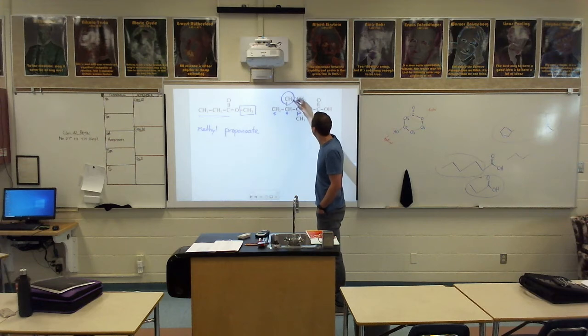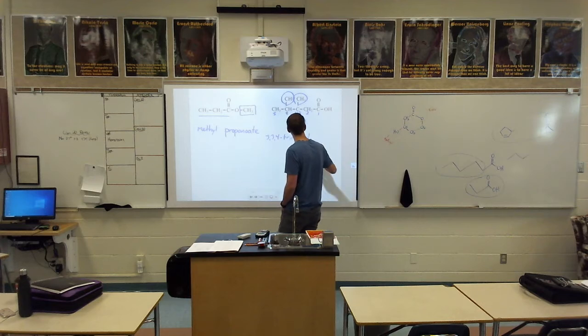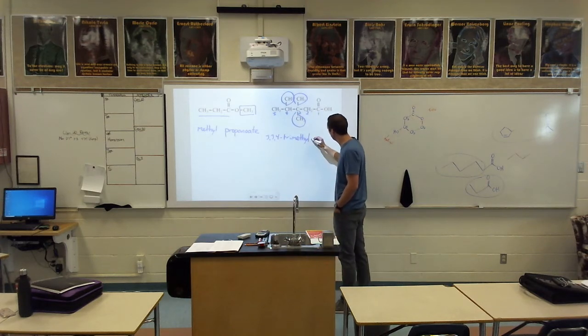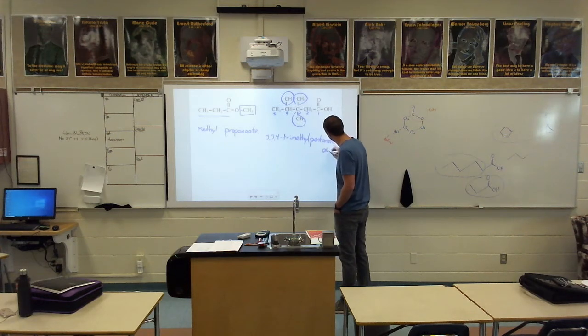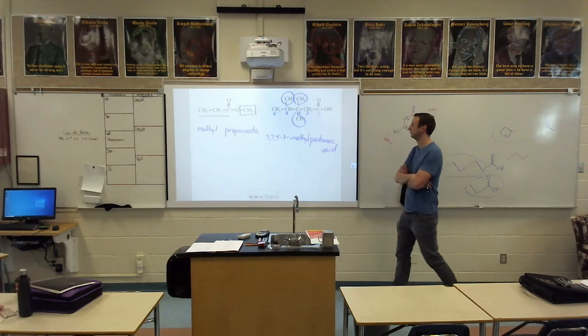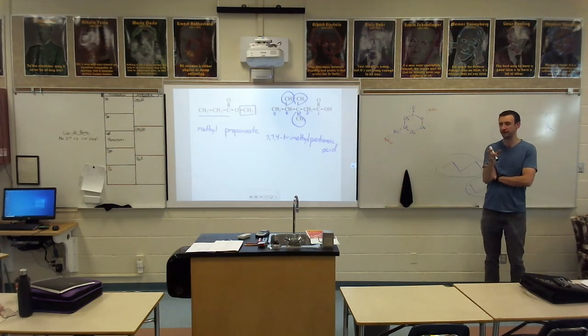I actually have 3 methyl groups on this, so I have 3, 3, 4 trimethyl, pentanoic acid. And I have a space between the oic and the acid.